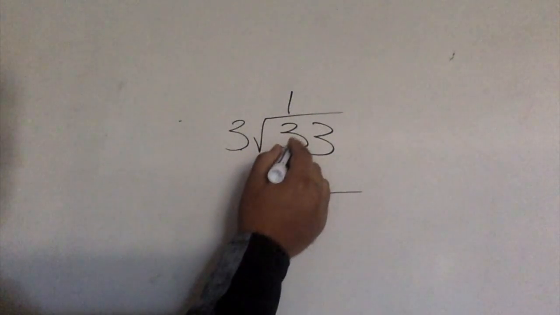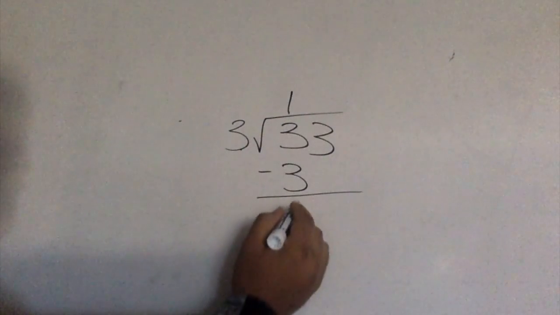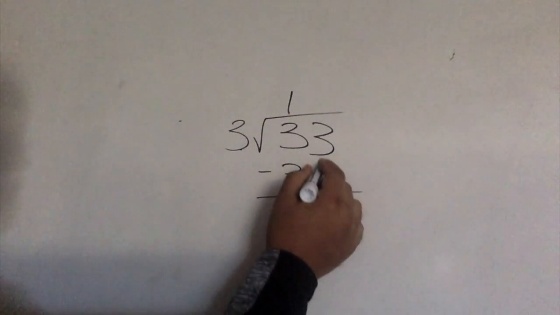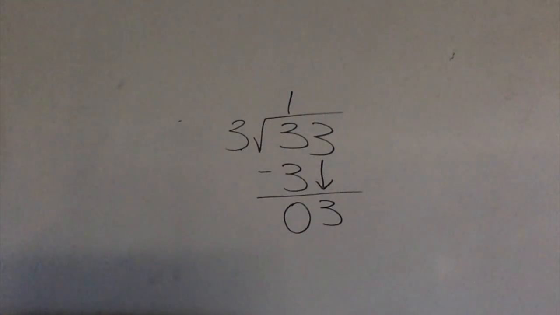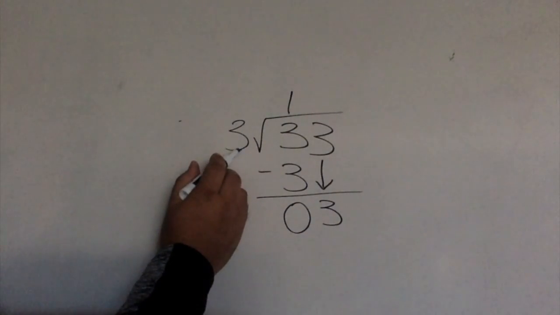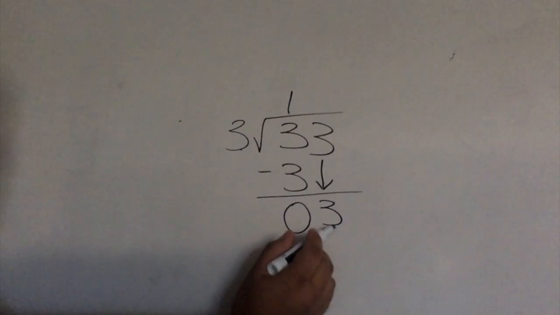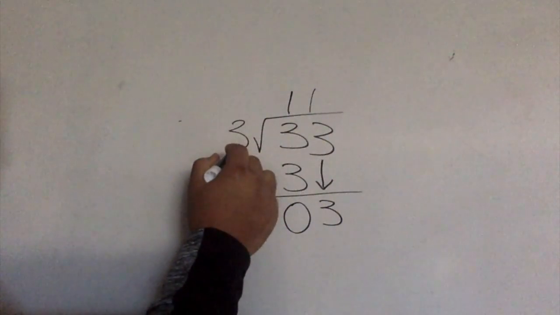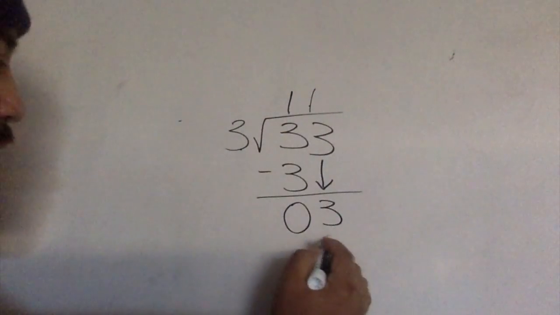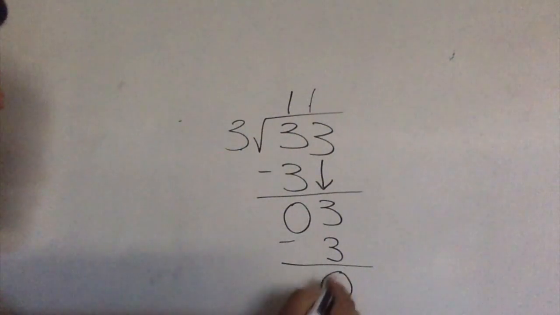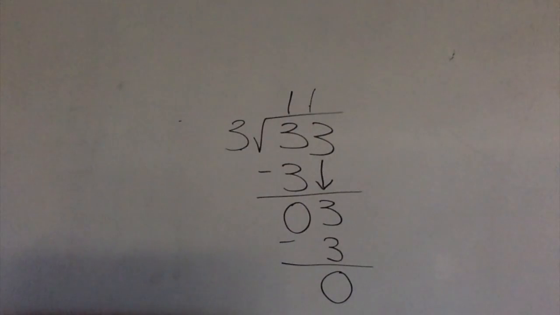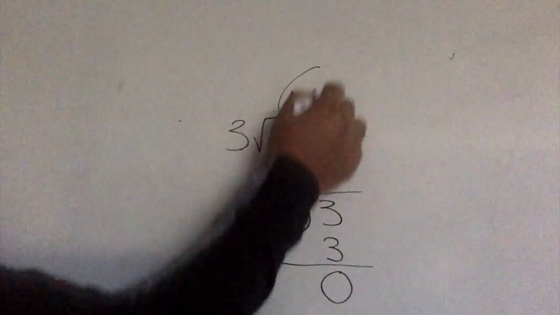Then you subtract: 3 minus 3 equals 0. Then we drop the 3. Now we're at how many times does 3 go into 3? One time, because 3 times 1 equals 3. Then we subtract. And your answer is just 11.